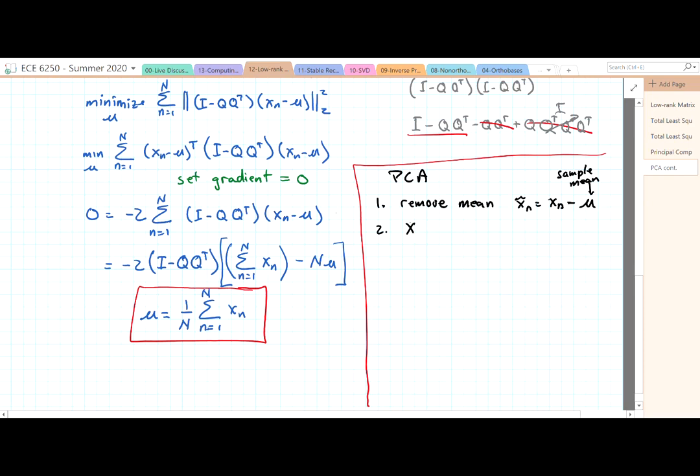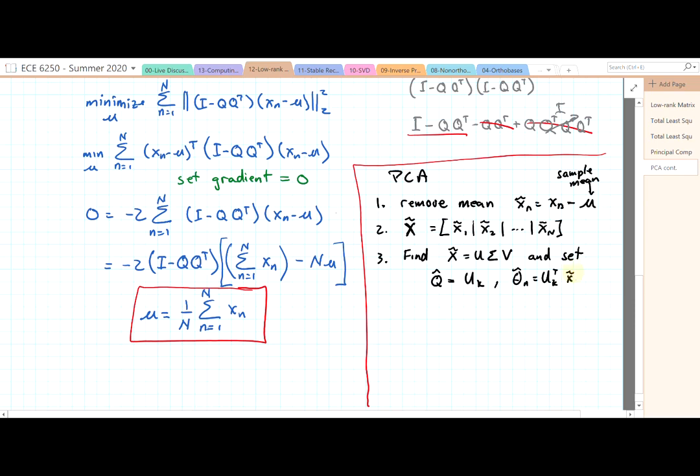Then 2, define capital X tilde as the matrix of all the data samples. 3, find our SVD, U Sigma V transpose, and set Q hat equal to U_k for whatever your desired value of k is. And our individual projection vectors look like that.